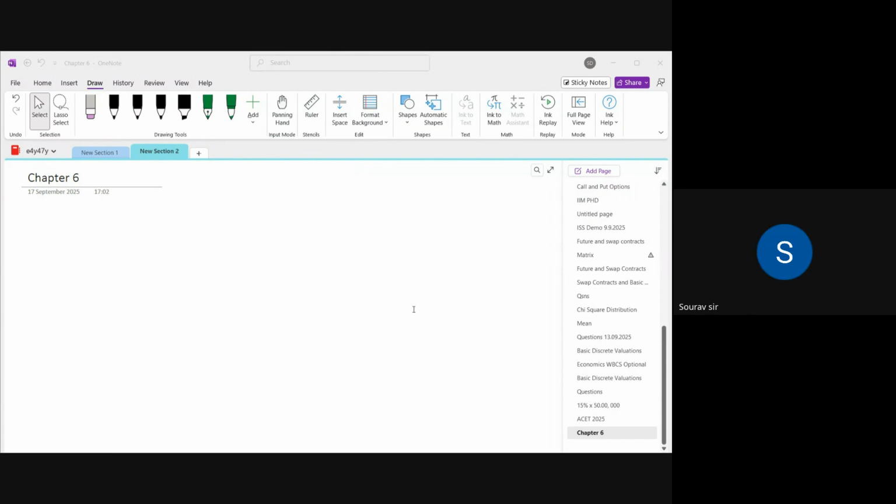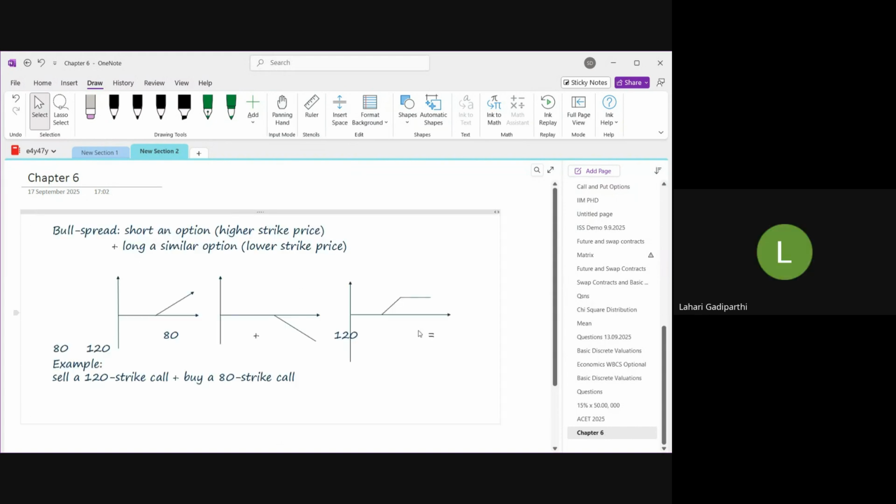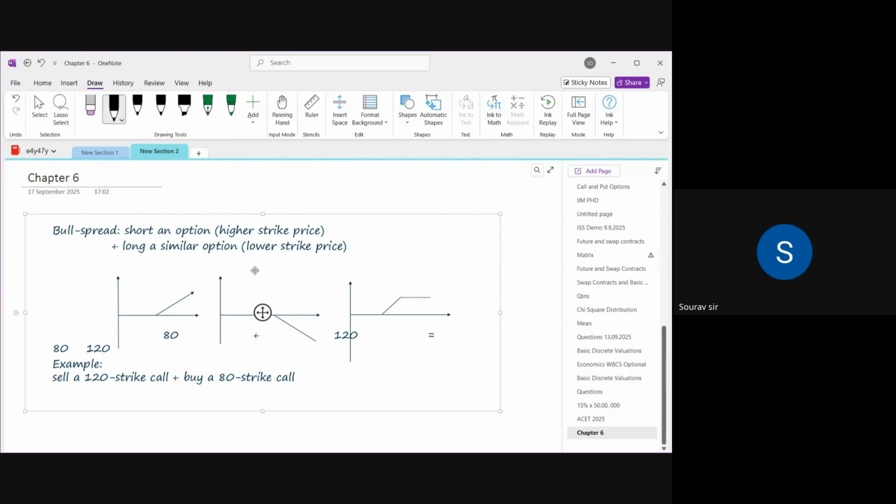So what is a bull spread? You have done? Yeah, I revised: buying one low strike call and then selling one high strike call. You can see the screen? Yes. Okay. So what is a bull spread? A bull spread is used when we expect the stock price to rise moderately. What does it involve then?